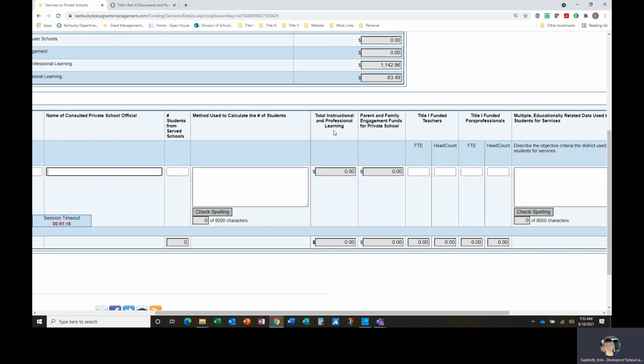The total instructional and professional learning column and the parent and family engagement funds for private school column will populate automatically based on the number of students. Parent and family engagement funds will only populate if the district's total allocation is greater than $500,000.